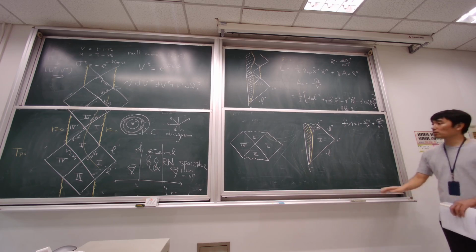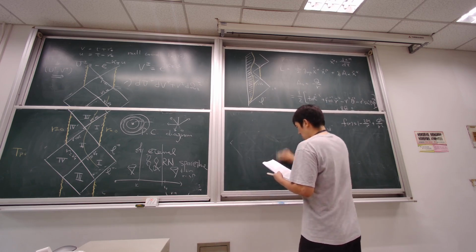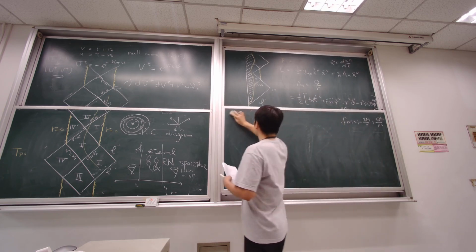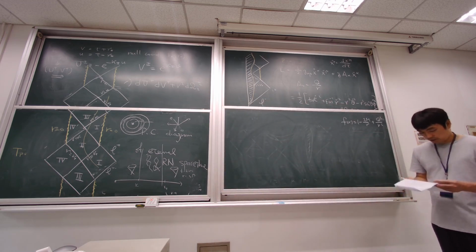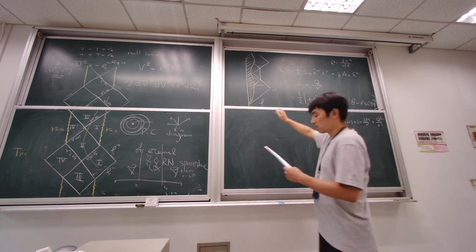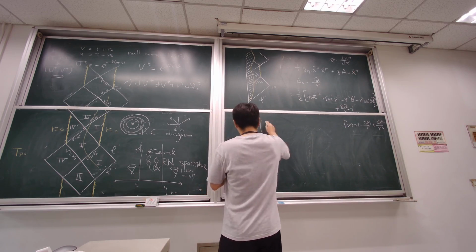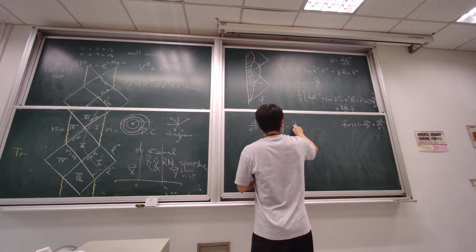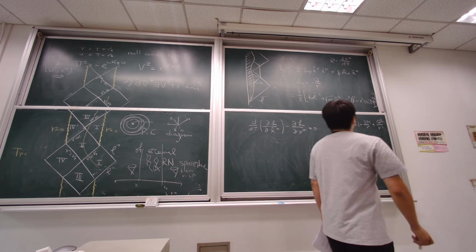So then we have to solve the equation of motion. The Euler-Lagrange equation becomes d over d tau of del L over del x dot alpha minus del L over del x alpha equal to 0.